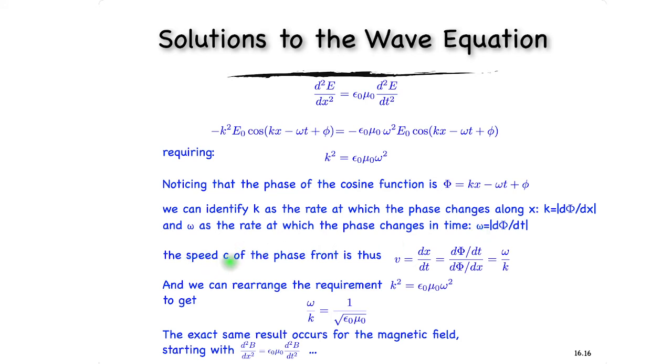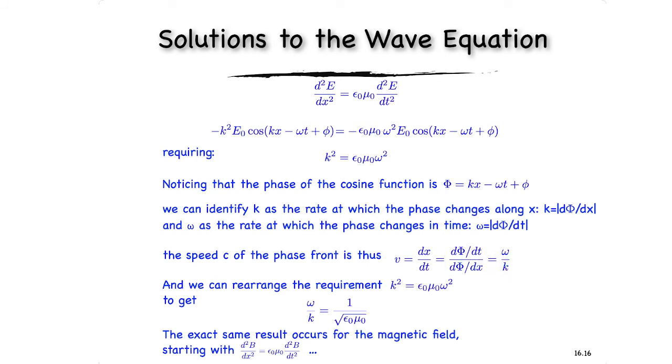And the speed of the wave, which I'll call c, is dx dt, which is d phi dt divided by d phi dx. I know the rate at which it's changing in time is omega. The rate at which it's changing in x is k. So the speed of the wave is omega over k.